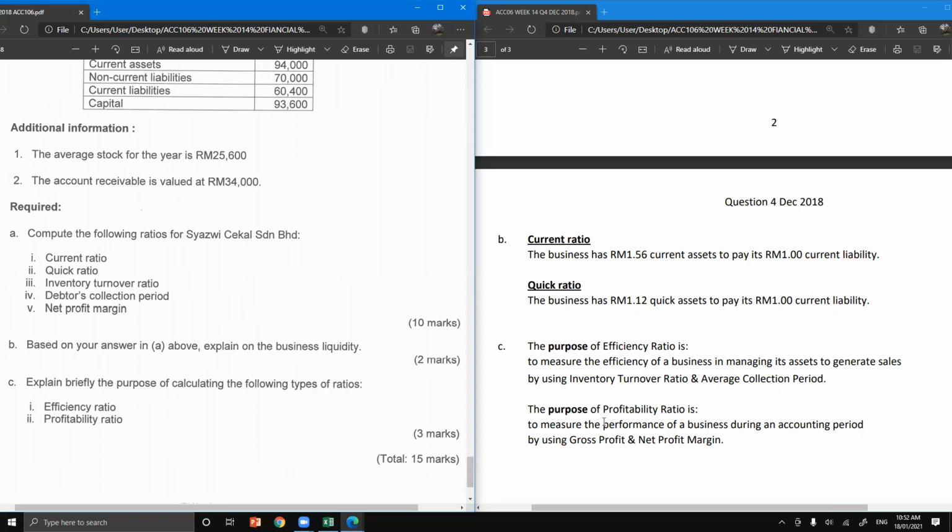And the purpose of the profitability ratio is to measure the profitability performance of a business during an accounting period by using gross profit margin and also net profit margin. So that's all for question 4 from December 2018.